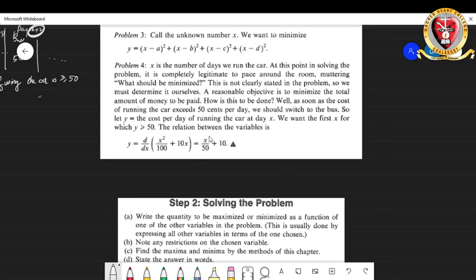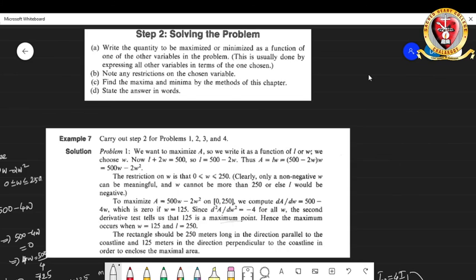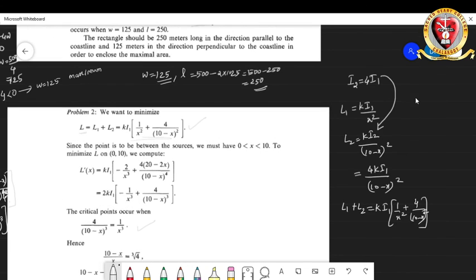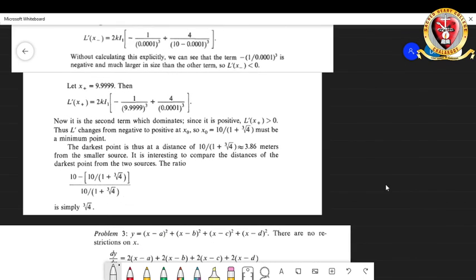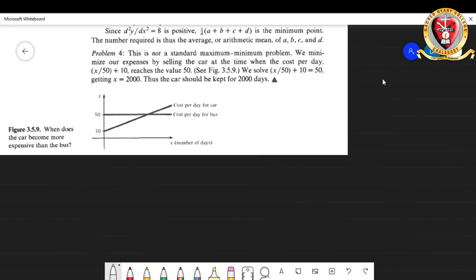At the end of the problem, we said that whenever y is greater than or equal to 50, and y is the derivative of x square by 100 plus 10x, which is equal to x by 50 plus 10, the corresponding value will be the minimum number of days at which we have to sell the car, so that we have the minimum amount to be paid.